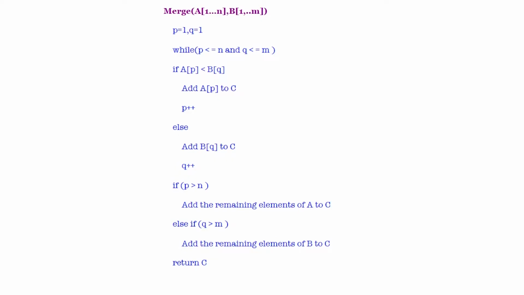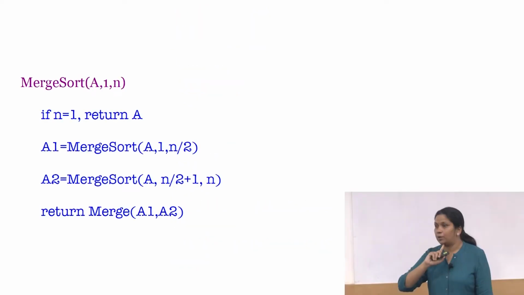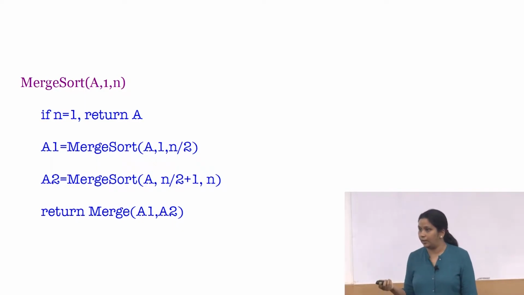So the correctness for this, why is this algorithm correct? How can you prove this? You can prove by induction that A1 and A2 are correctly sorted, right?